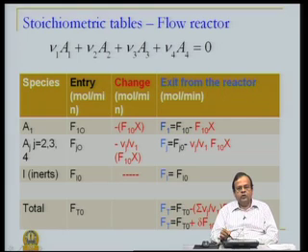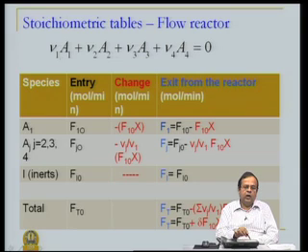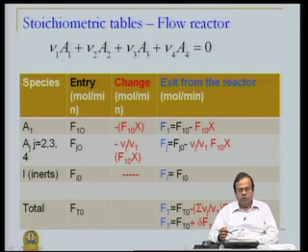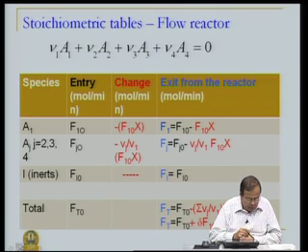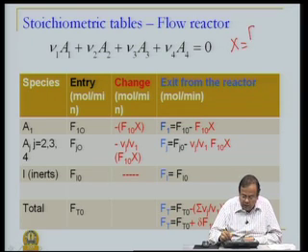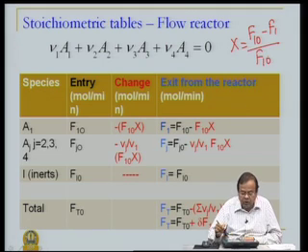For the sake of simplicity, I am going to assume that my species A1 is my limiting species, and I am going to define my conversion of this species in terms of its molar flow rates, or in other words, I am going to define my conversion x as F10 minus F1 divided by F10.